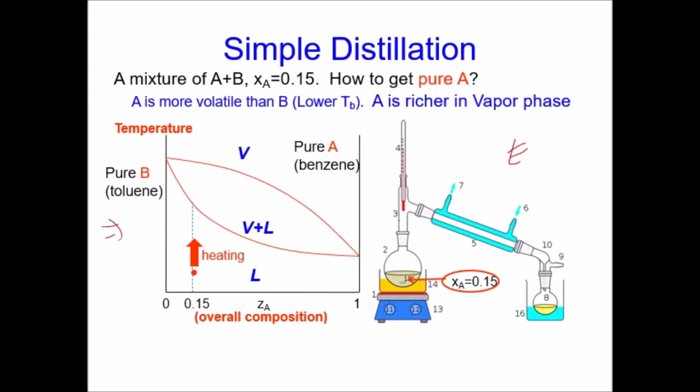On this phase diagram, the mole fraction is about molecule A. So when the mole fraction is 1, that means it's pure A. In this case, the boiling point of A is lower than the boiling point of B, and therefore molecule A is more volatile, and we expect in the gas phase we have more A, and in the liquid phase we have more B. On the right side, it shows that we start with a solution of mole fraction A equals 0.15, and therefore B should be 0.85.